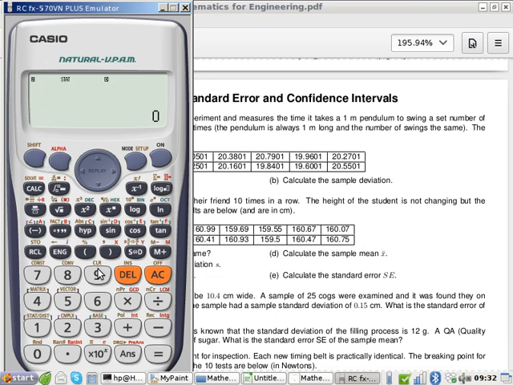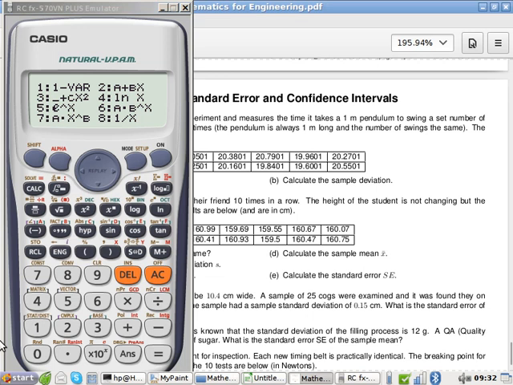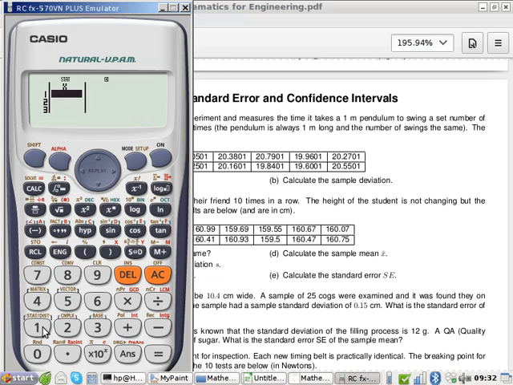Hang on. There's a stat button here as well, isn't there? Okay. Anyways, mode, statistics, and I don't think it matters too much which mode we pick, but I'll just put the first one. Yeah, first mode.